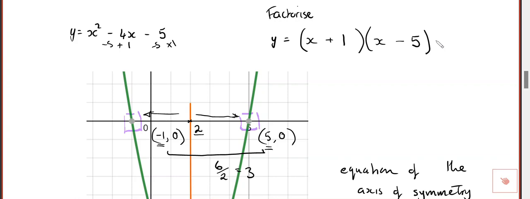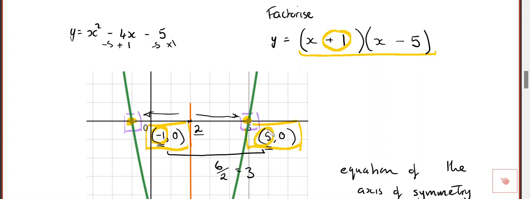Now, do you notice anything about the coordinates of these two points? This point and this point, and then do you notice anything about the factorized form? They're just different, like one is positive and the other is negative. But do you notice that the 1 and 5 are the same thing? So we've got -1 here and we've got +1.